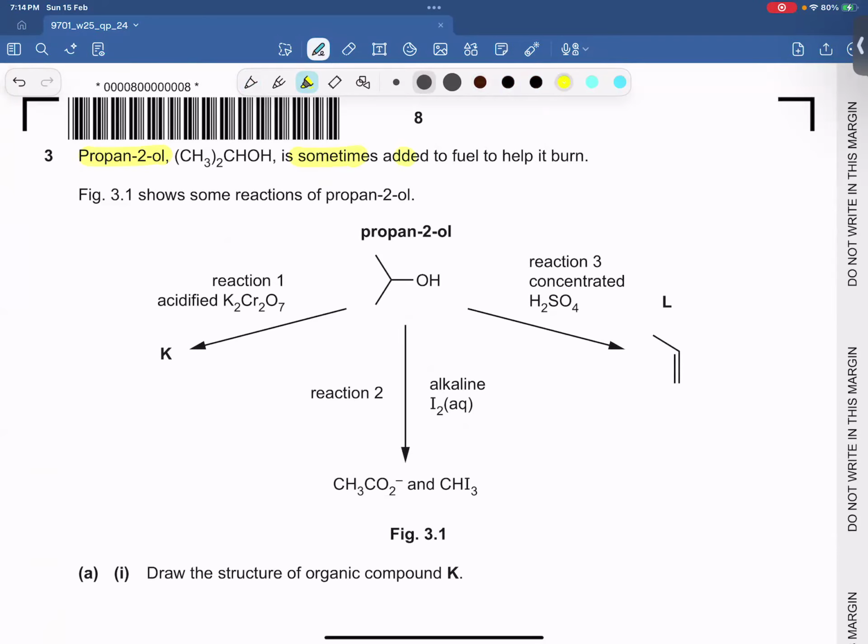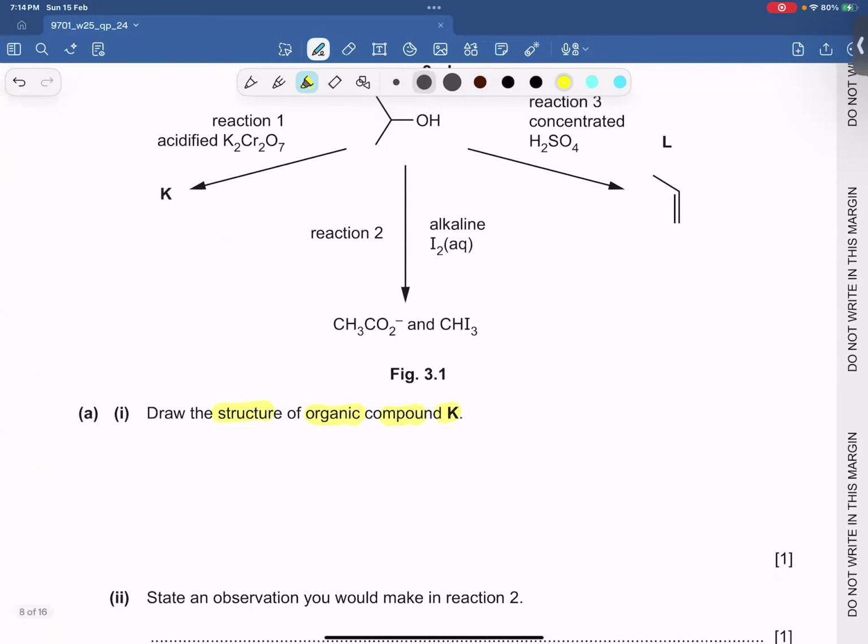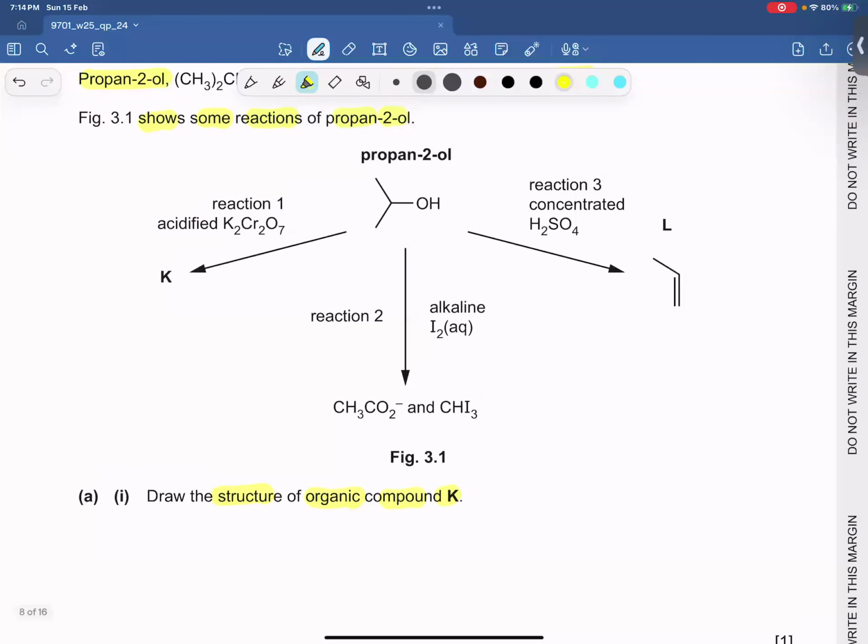Propane 2-ol is sometimes added to fuel to help it burn. Figure 3.1 shows some reactions of propane 2-ol. Draw the structure of organic compound K. When propane 2-ol, which is basically a secondary alcohol, is oxidized, obviously you are going to get ketone.